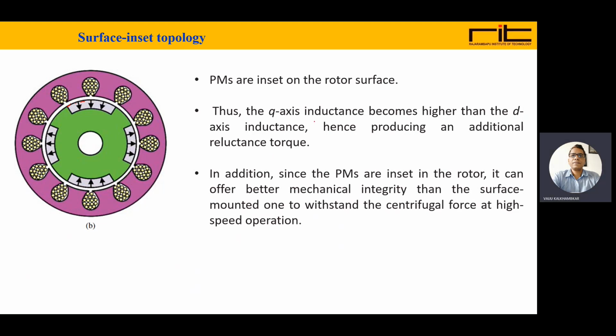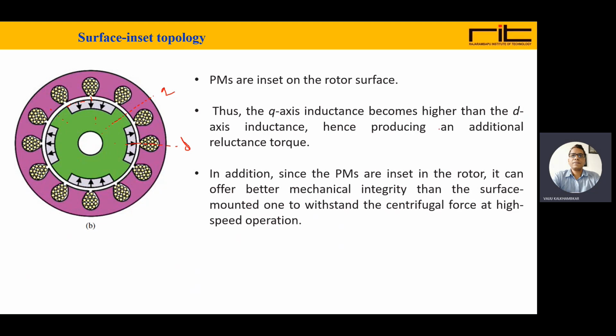Thus, the quadrature axis reactance becomes higher than the direct axis inductance. Now, if you see here, this is the quadrature axis. There is a q axis, and this is the direct axis, d axis. So similarly, all the magnets will have d and q axis here.